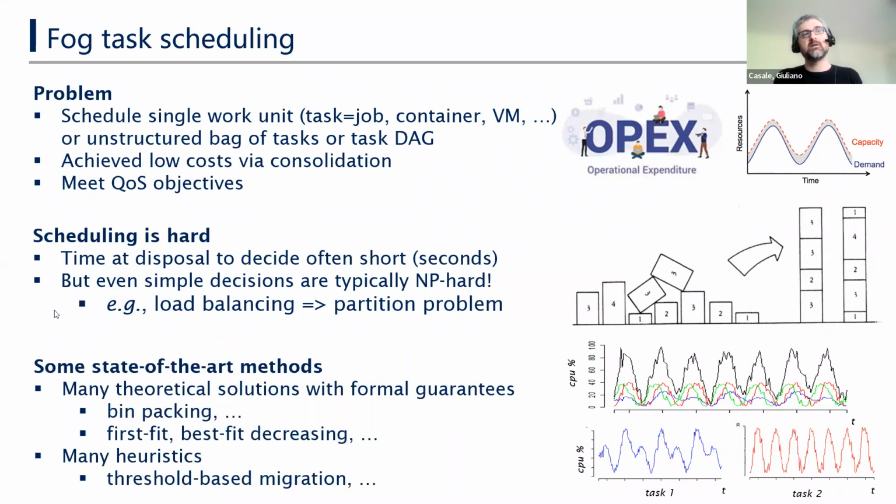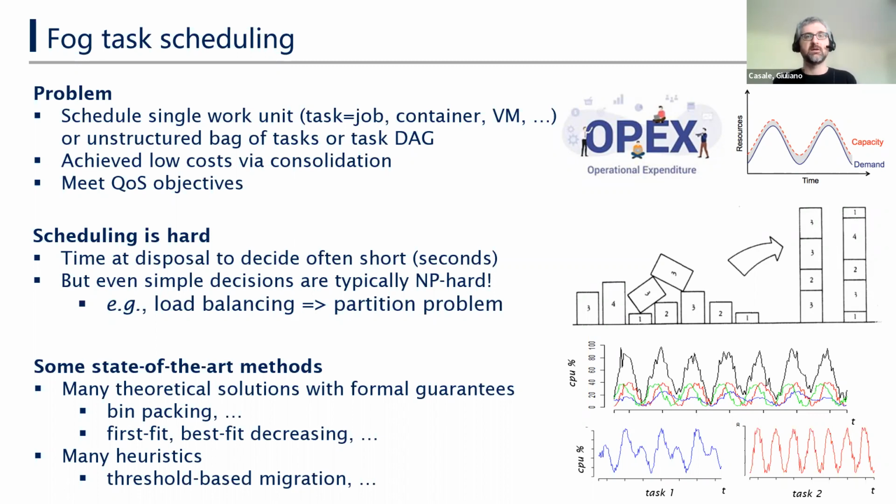And there are state-of-the-art methods, most of which come from the theory community, computer science theory community, such as bin packing, first fit or best fit decreasing heuristics that are commonly used in applications because they're very fast, being heuristics, and therefore can provide quite often formal guarantees on the, say, the gap between the optimal algorithm and the solution they provide as an approximation.